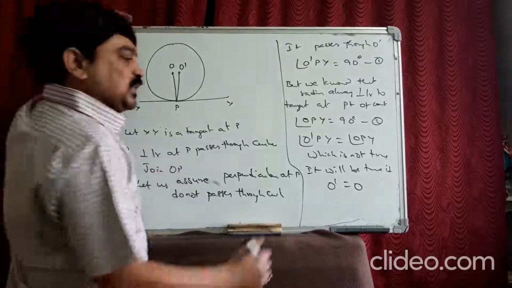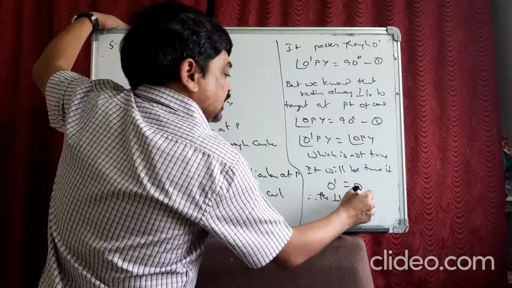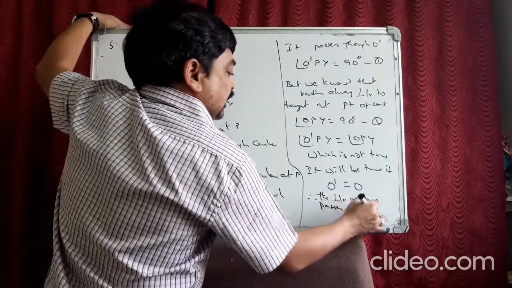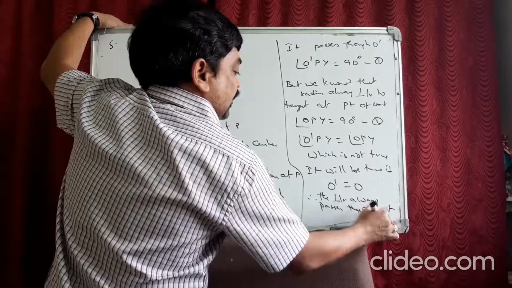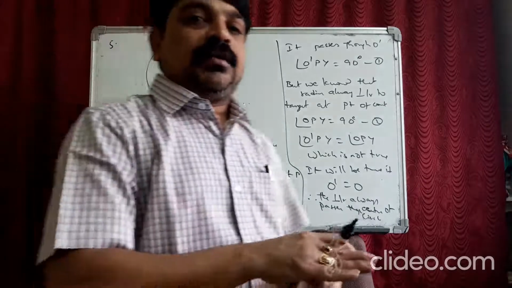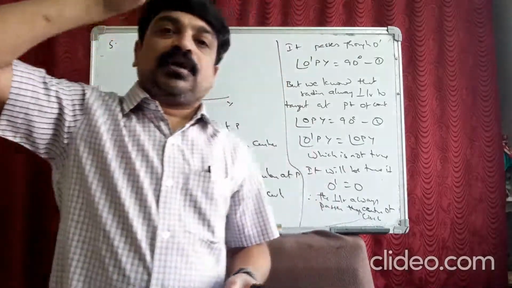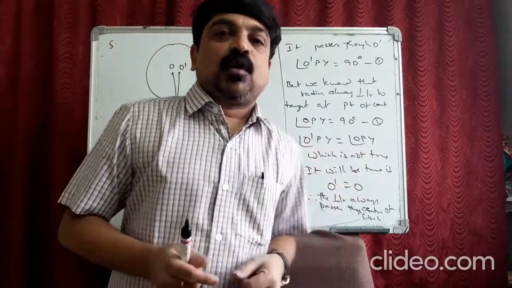O dash equal to O means the perpendicular always passes through the center of a circle. This is the thing. Very important theorem, guys. This looks a little confusing, but be careful. It is only the basic property that I taught at the start of the previous 10.1 video: the tangent is always perpendicular to the radius at the point of contact.